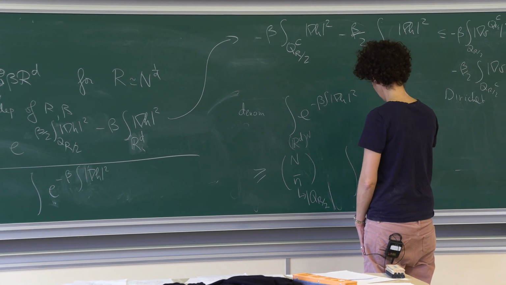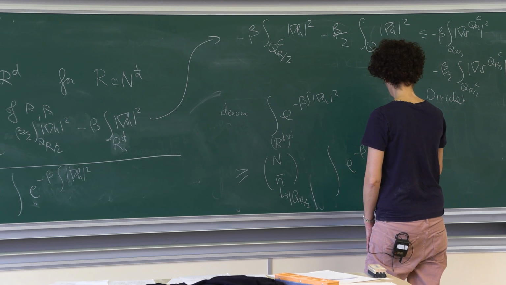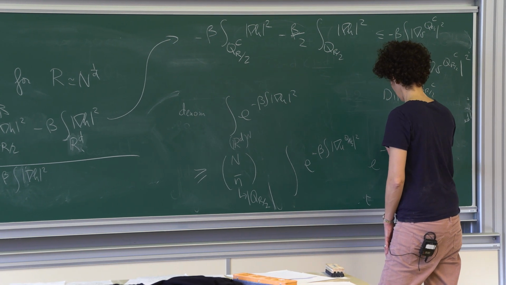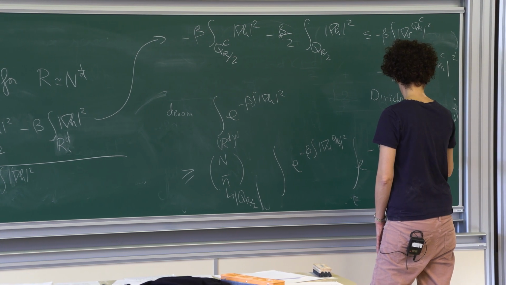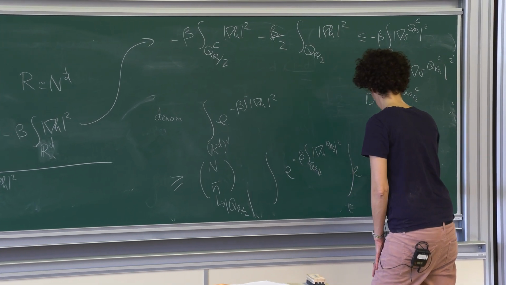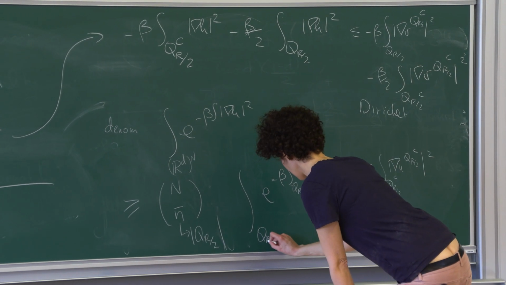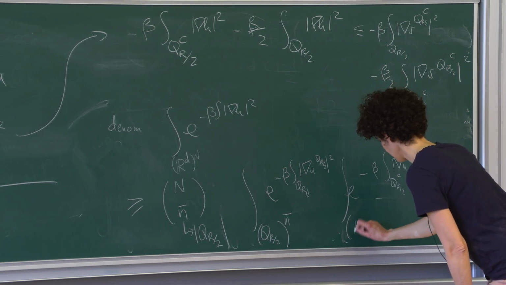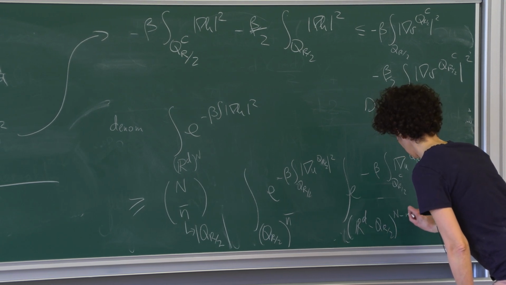And then you integrate e to the minus beta grad u QR over 2. You separate variables. Okay, so this is to the power n bar, and this is to the power n minus n bar.